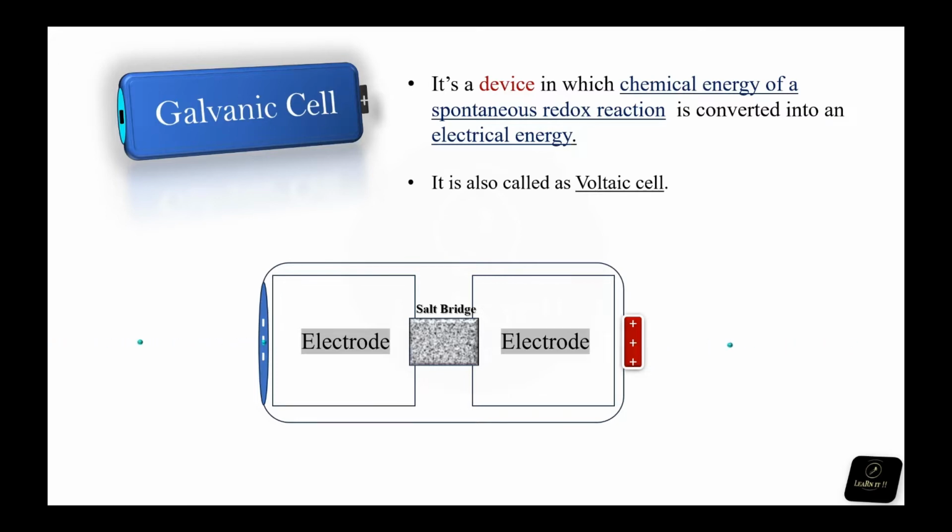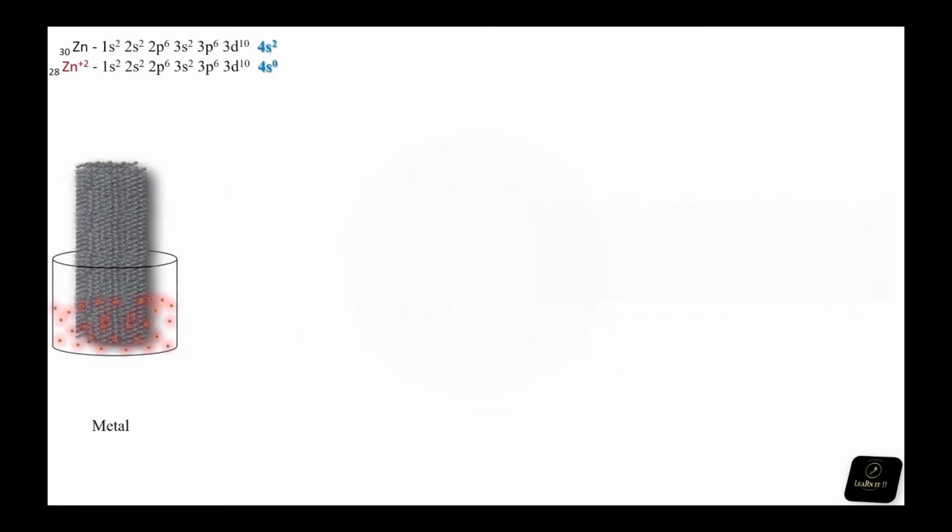Next question comes, what is an electrode? So let us learn it with an example. Consider a zinc metal. It is in contact with a dilute solution of zinc, so the dilute solution of zinc containing Zn+2 ions.